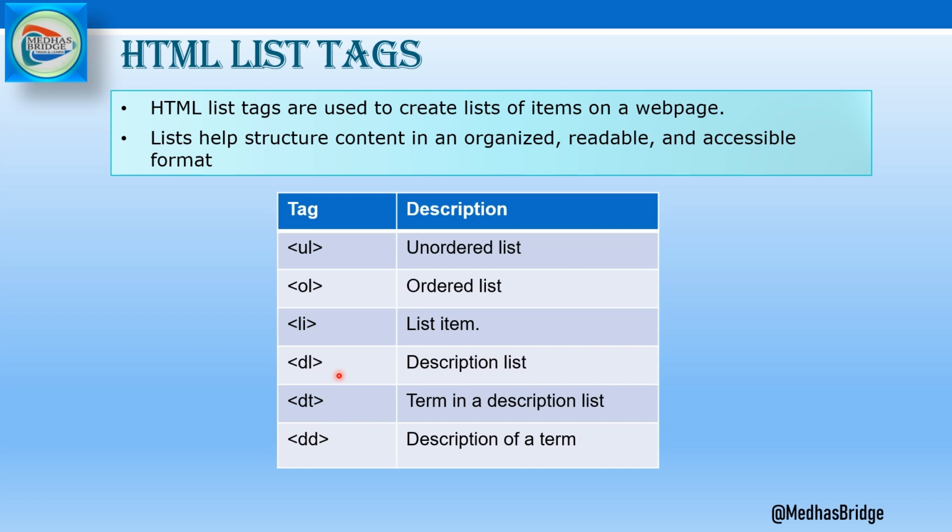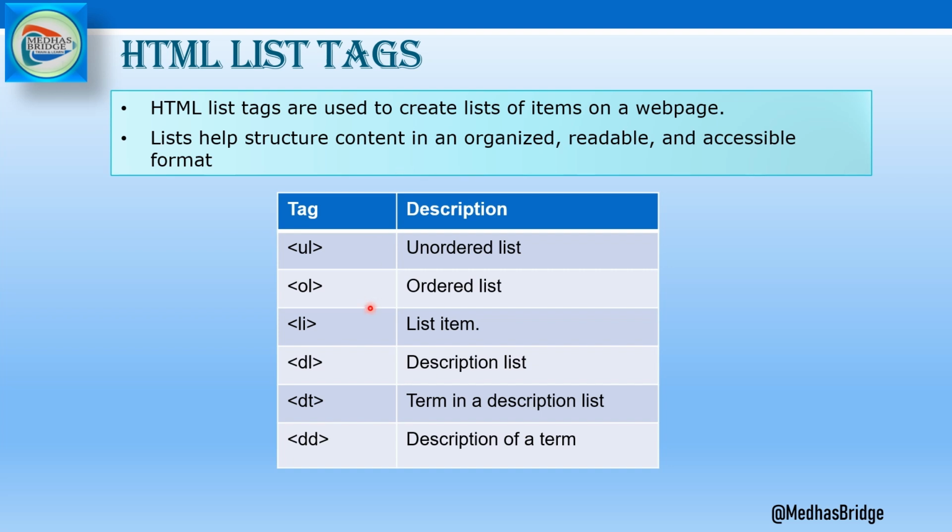If you want to display these lists on the web page, then you require HTML tags. These are called list tags in HTML, to display a list of items on a web page. Lists help structure content in an organized, readable and accessible format.